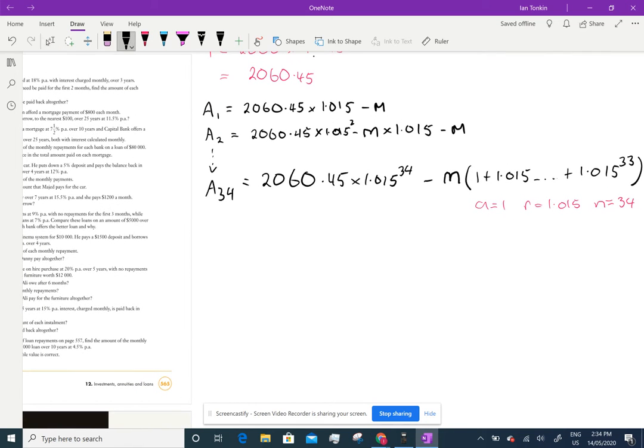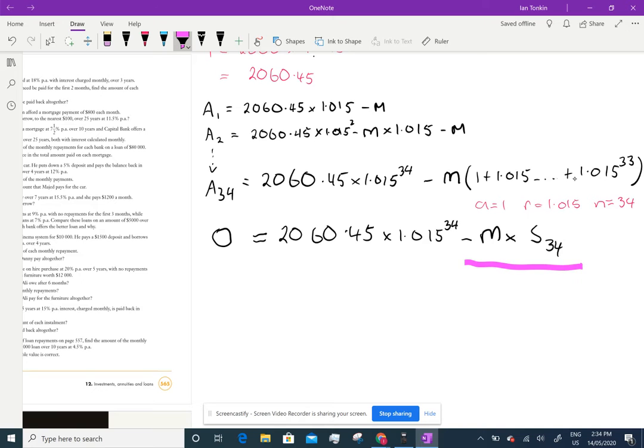So, what have I got? 0, because that's how much it's going to be worth at the end of that. It's 2060.45 times 1.015 to the 34 minus m times S34. I'll take all this over the other side.